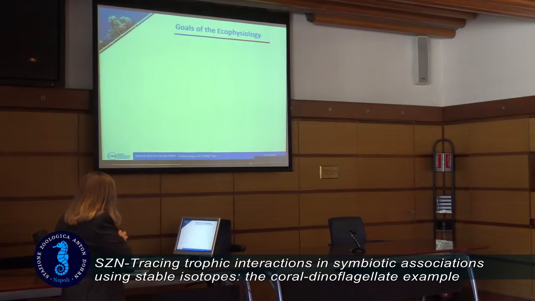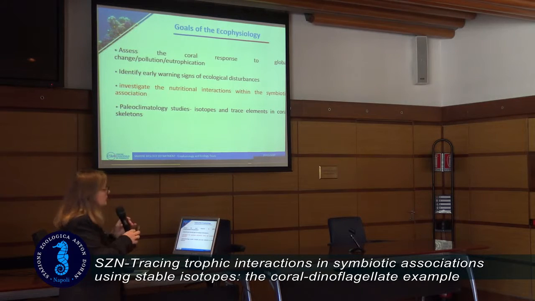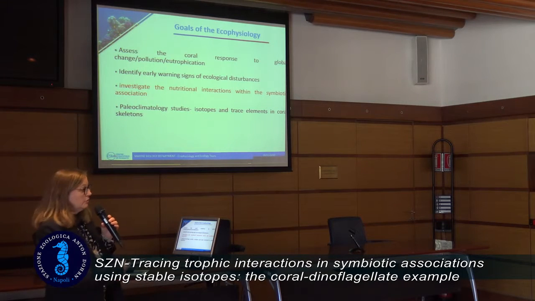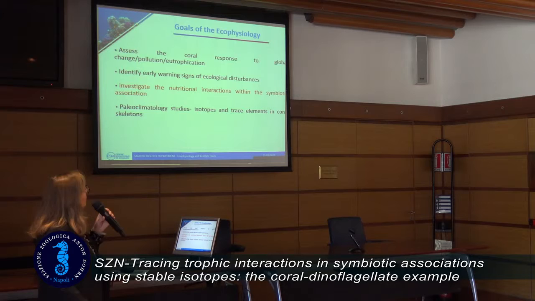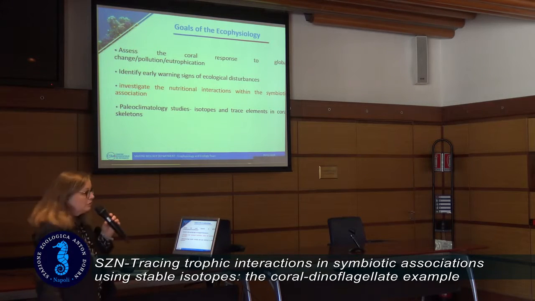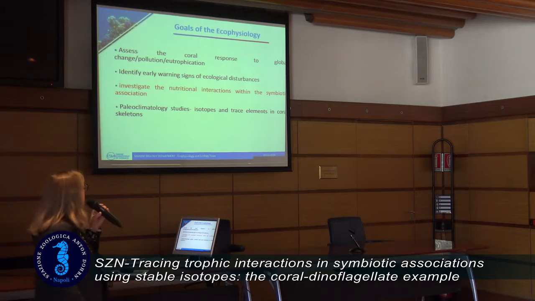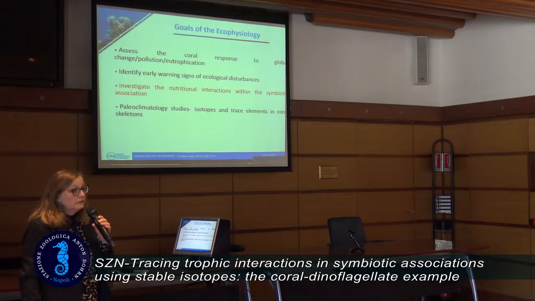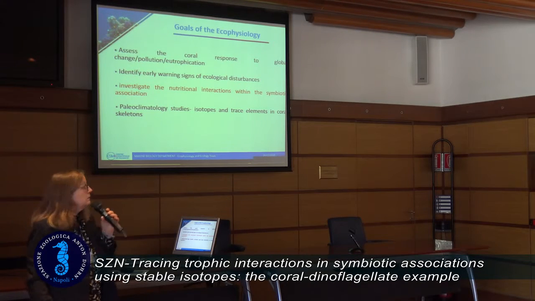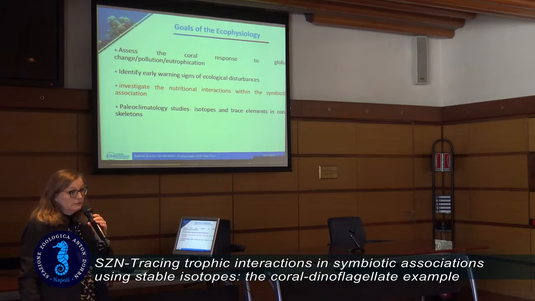And so the goals of the team, we have several goals. As we talked, we want to assess the coral response to global change or pollution or eutrophication, plastics also, contaminations and things like this. We would like to identify early warnings of ecological disturbances.